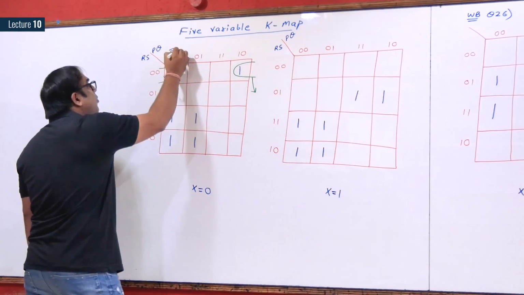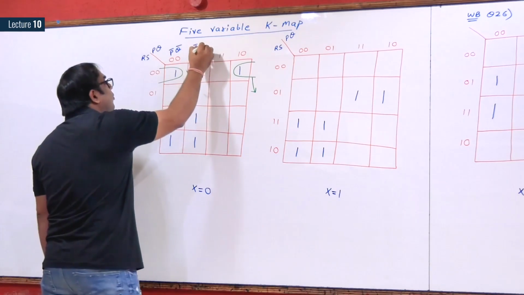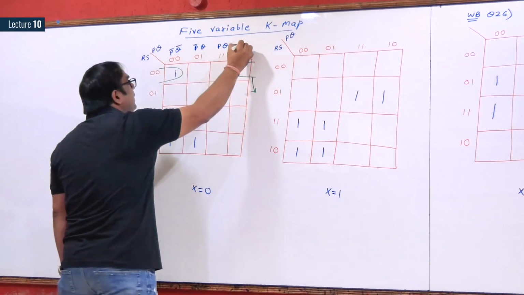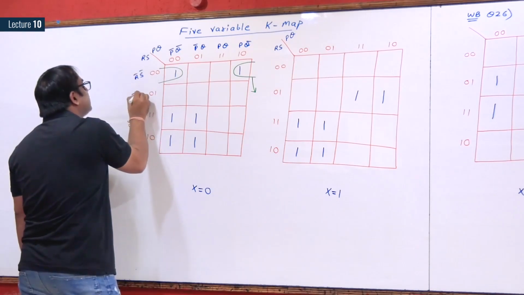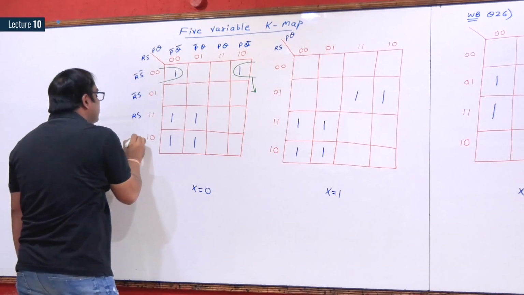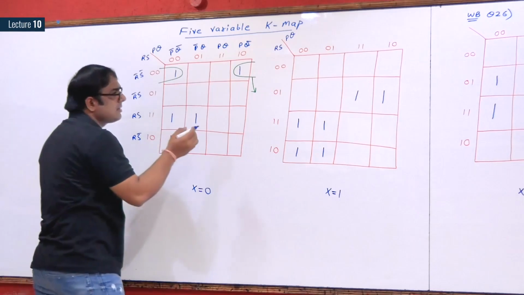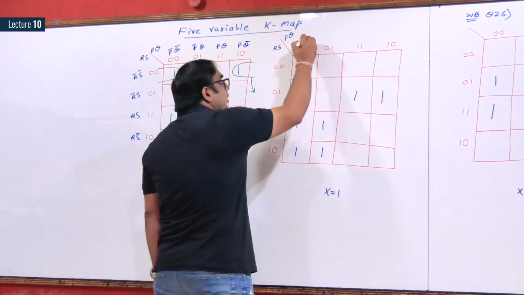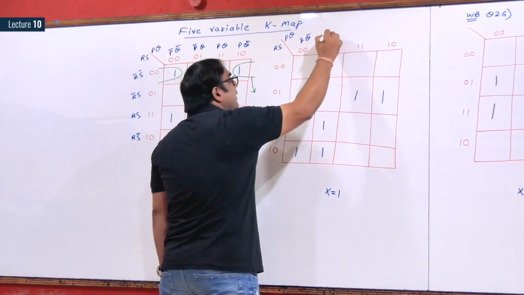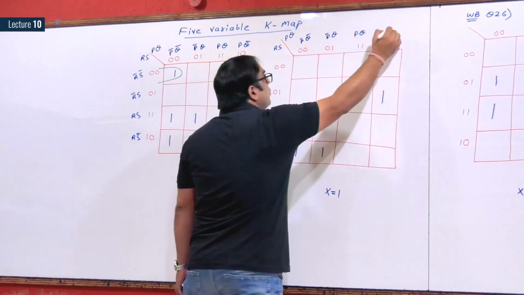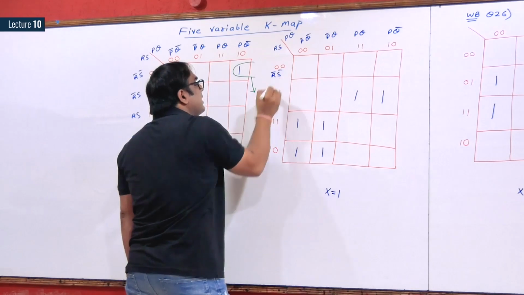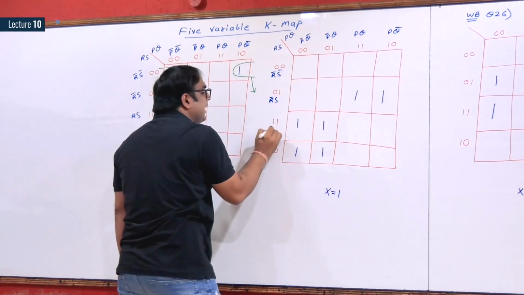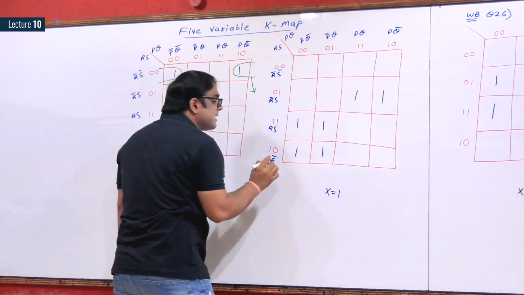So it is P complement Q complement, P complement Q, P Q, P Q complement, and R complement S complement, R complement S, R S, R S complement. See in this one also, P complement Q complement, P complement Q, P Q, P Q complement, R complement S complement, R complement S, R S, R S complement.